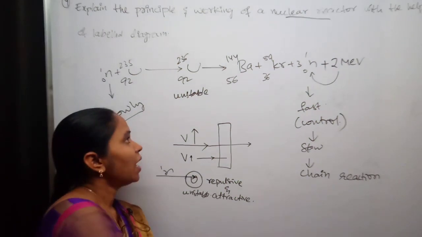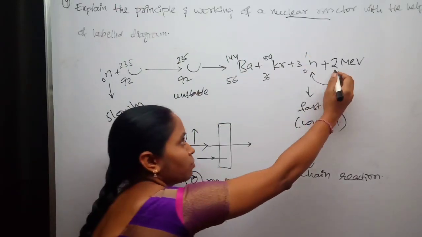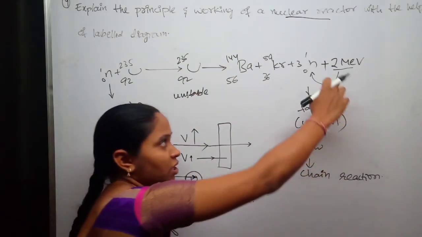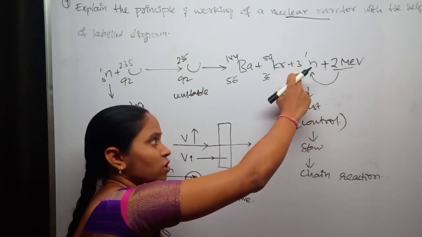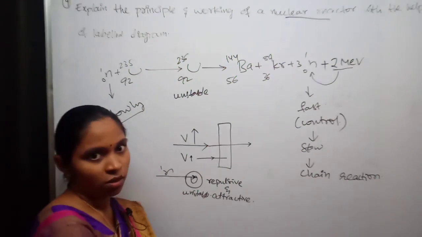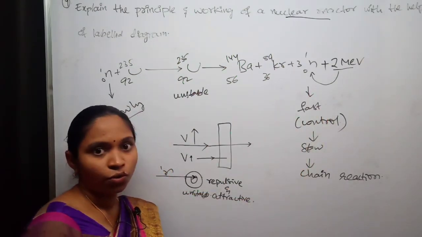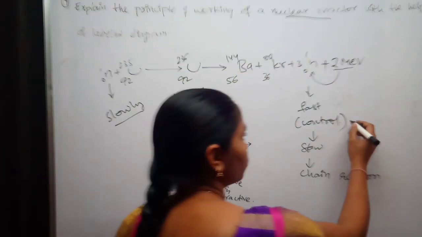After nuclear fission, a tremendous amount of energy is released, and because of this energy, these neutrons will move very fast. We have to control the fast moving neutrons. Then how to control the fast moving neutrons?